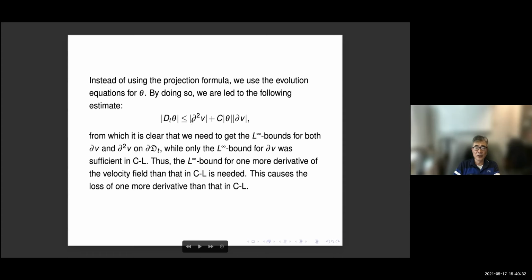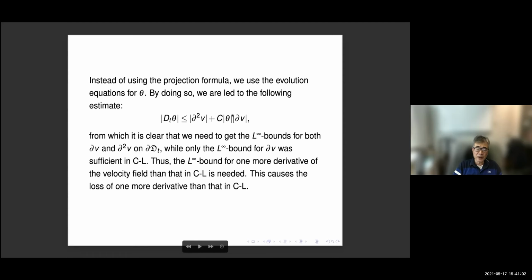So if you look at the right hand side, to estimate the L infinity bound of theta, we need to estimate the L infinity bound of the second derivative of the velocity field. But the second derivative of the velocity field doesn't appear in the equation.